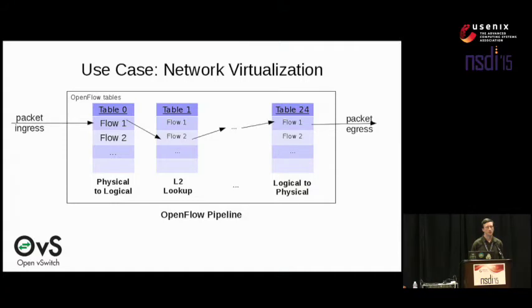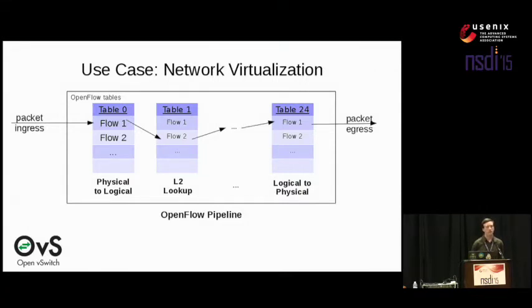It's difficult, for example, to migrate virtual machines between data centers and sometimes even into different parts of a single data center. Network virtualization adds another layer to abstract your virtual networks from your physical ones.